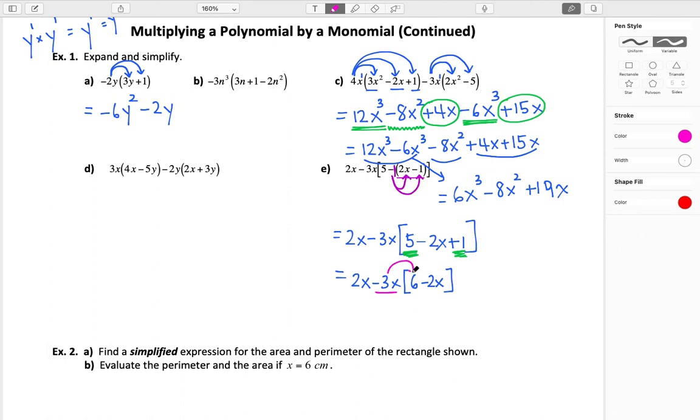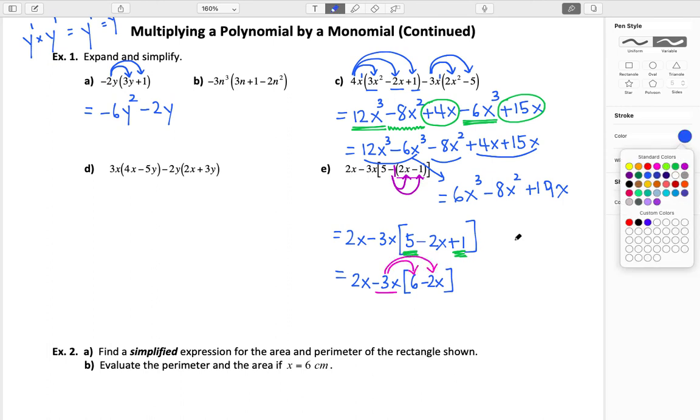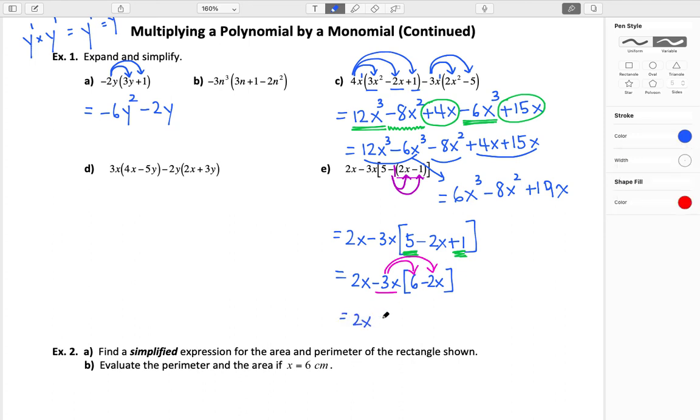So it's going to distribute and distribute. Therefore, we have 2x, negative 3 times 6 is negative 18x, and negative 3x times negative 2x is going to be positive 6x squared.